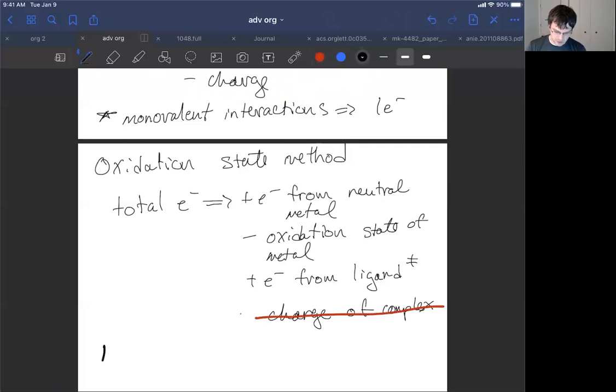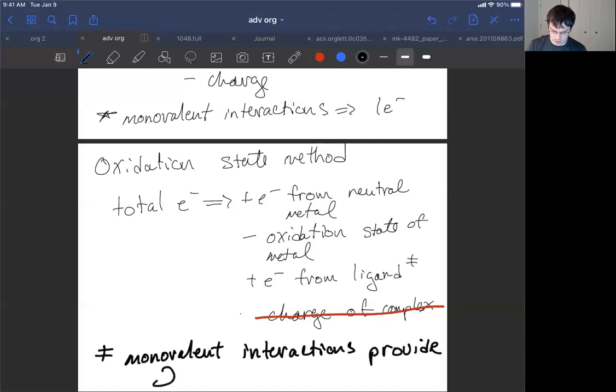So our double dagger is that monovalent interactions provide 2 electrons. That's the critical distinction here.